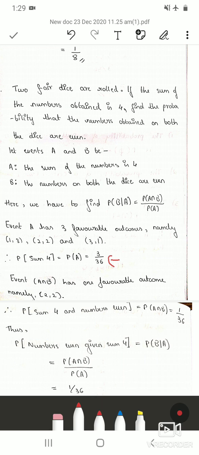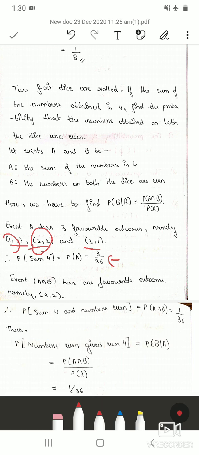And event A intersection B has one favorable outcome, namely (2, 2). A intersection B means the sum has to be 4, and also on both the dice the numbers should be even. In all these 3 cases, there is only one favorable outcome, that is (2, 2). Here the sum is 4, and also the 2 numbers are even.